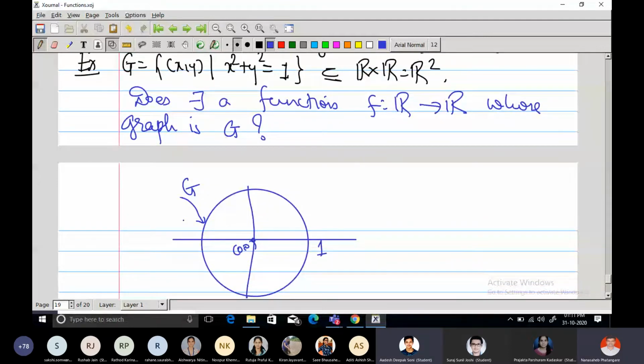No, right? It can't be. Why? Because for every value of x, there are two values of y. If you look at this x, there are two corresponding values, right? So x, y1 and x, y2.